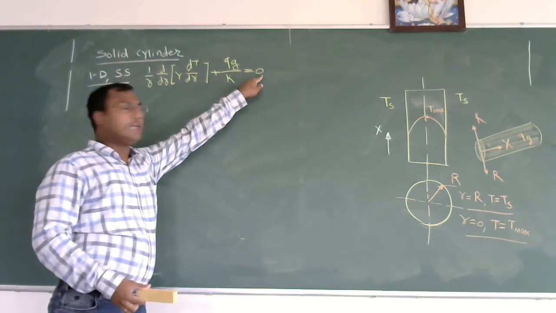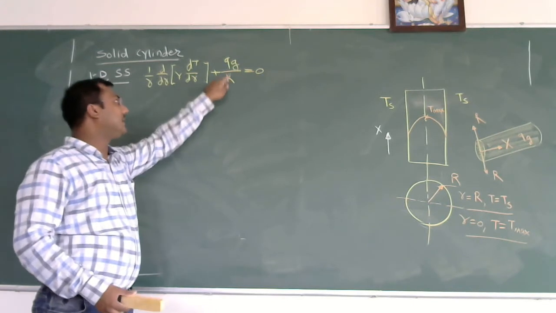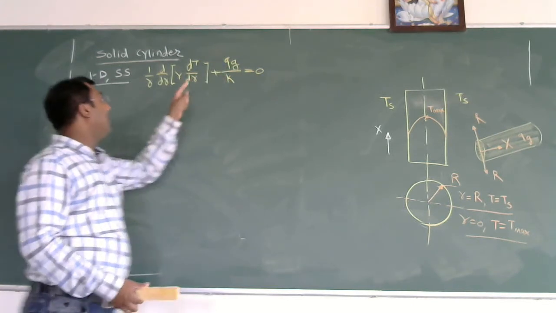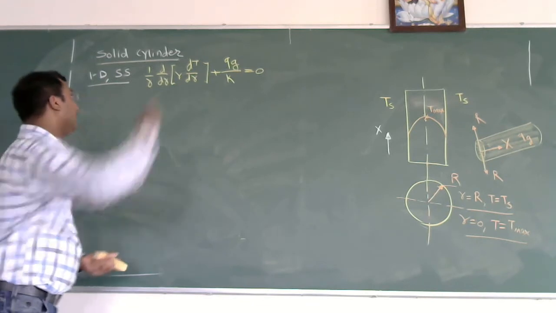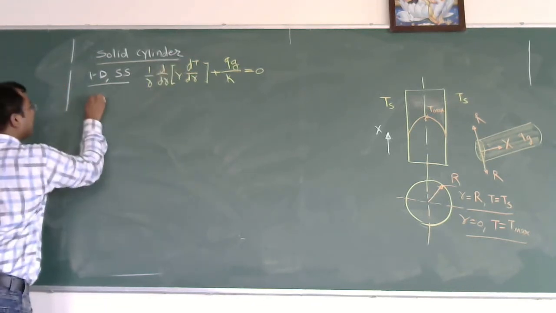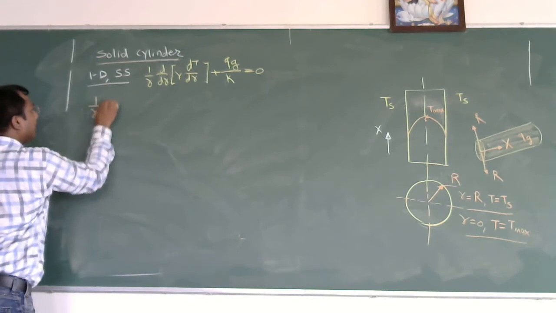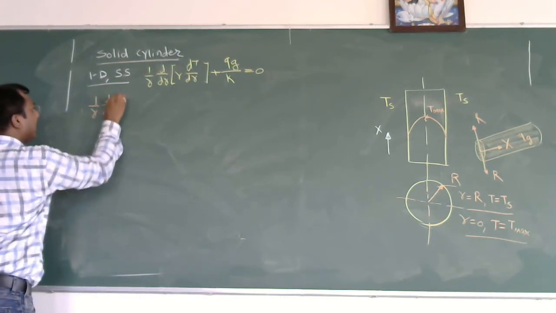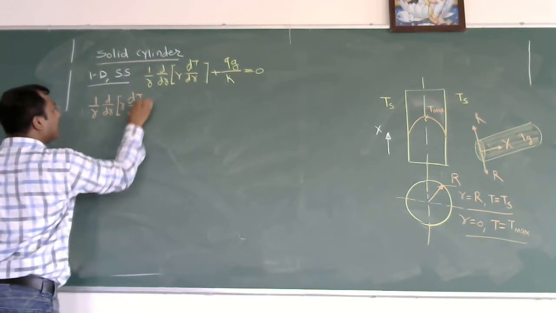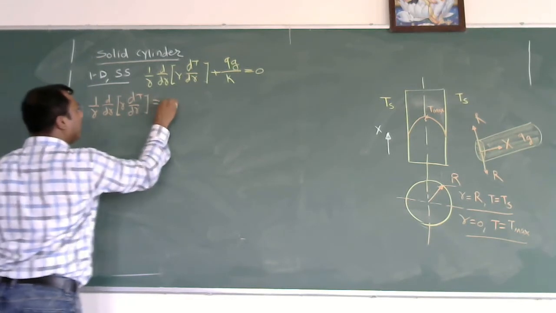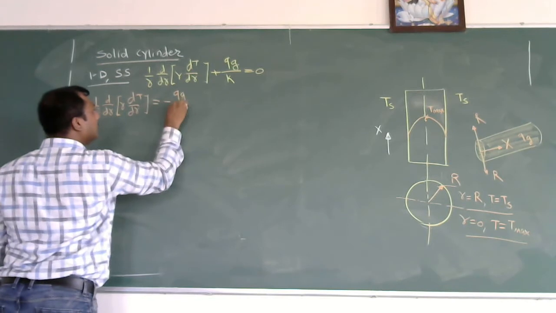This is for the steady state heat transfer condition. There is the internal heat generation Qg, and r is the radius of the considered cylinder. If I solve this equation, 1 upon r into d by dr of r dT by dr will give me minus Qg by k.